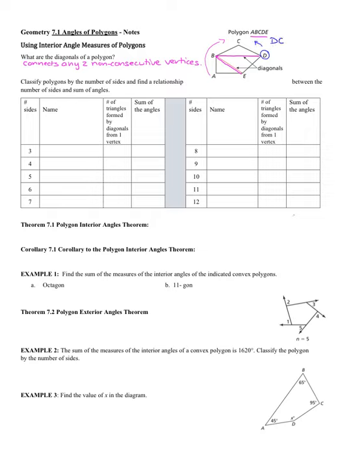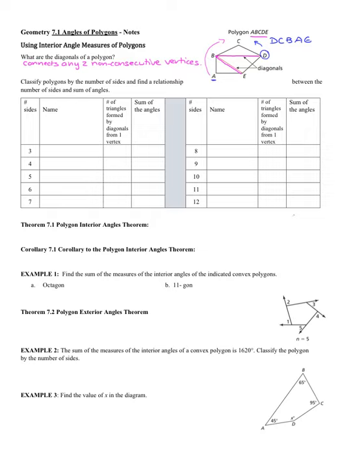However, you always want to go by consecutive angles, okay? You don't just go A, D, B, E, C. So it's really important that when you're identifying your angle, you do it by consecutive vertices. It doesn't matter which direction or where you start. It's just traditional that you start at the lowest letter in the alphabet and work your way up consecutively, but there's nothing that says you have to.